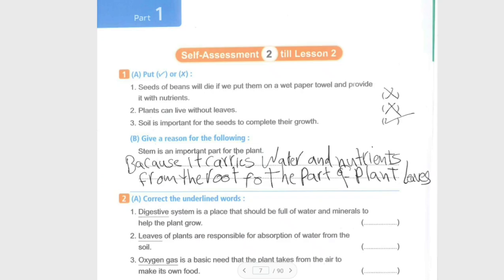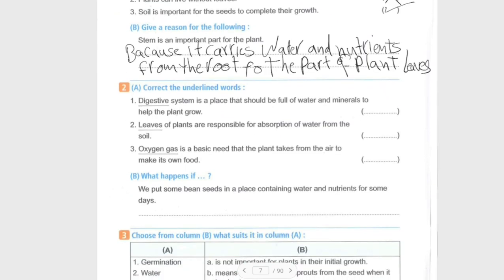Number 2, correct the underlined word. Digestive system is a plate that should be full of water and minerals to help the plant to grow. The wrong word is digestive, so my answer is hydroponic system, which is water farming.